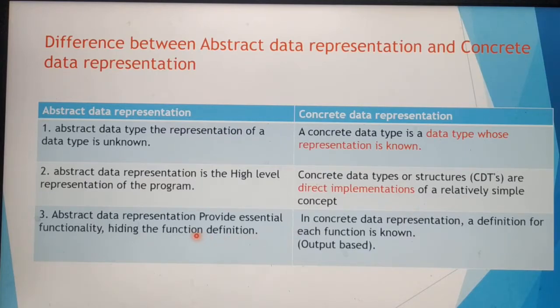Next, abstract data representation provides only the essential functionalities. The function definition is fully hidden. But in concrete data representation, the definition of each function is known, which is output based, while concrete data representation is mainly structure based. These are the main differences between abstract data representation and concrete data representation.